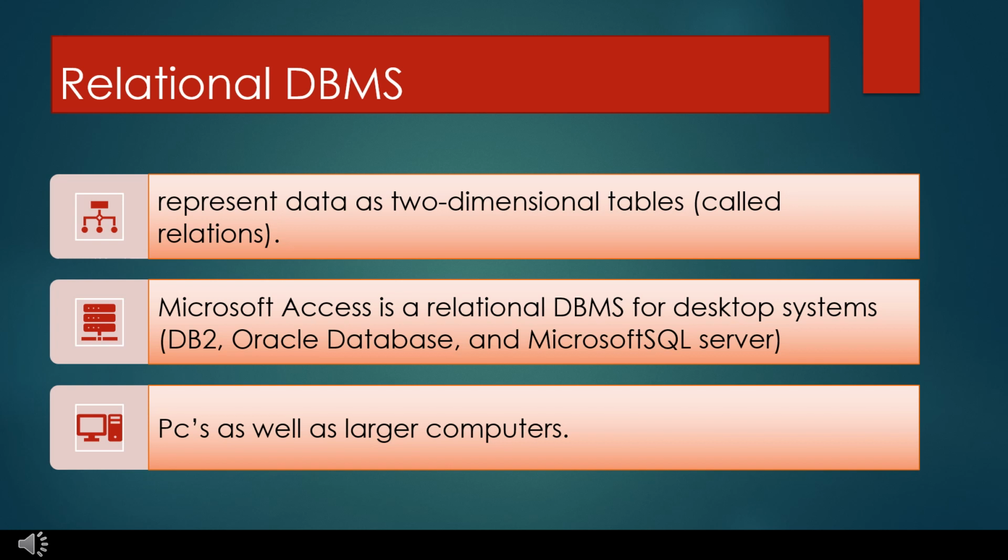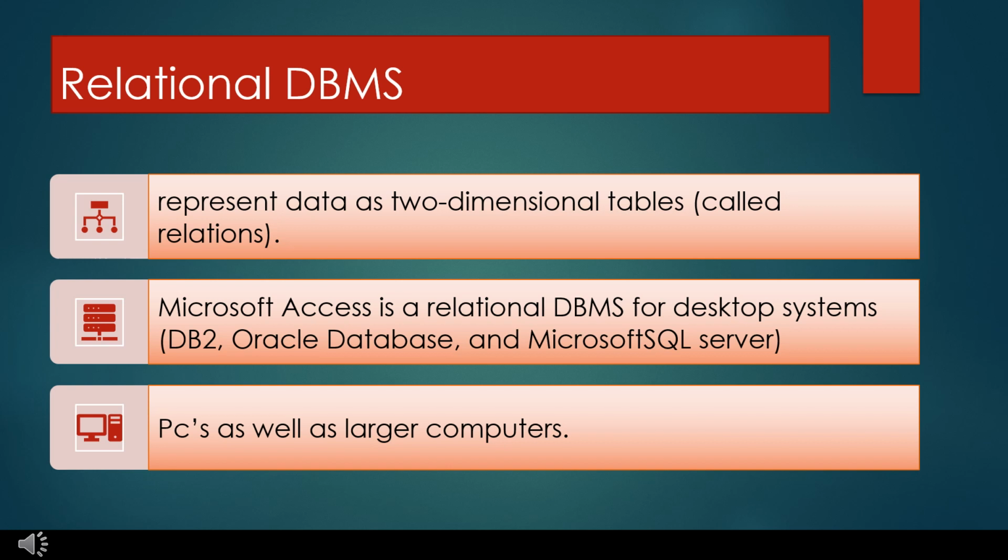Relational DBMS. Contemporary DBMS use different database models to keep track of entities, attributes, and relationships. Relational databases represent data as two-dimensional tables called relations. Tables may be referred to as files. Each table contains data on an entity and its attributes.